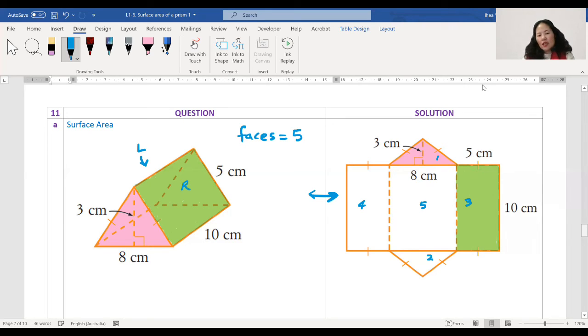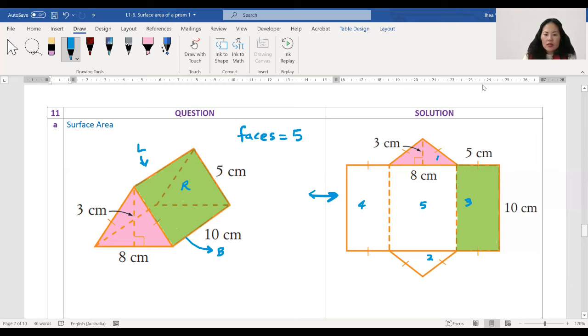Left and right rectangles are the same, but the base, the bottom one, is different. So I could say 3 different types. Two of them are the same kind because they're both rectangles, but the measurements are different. So I will say 3 different shapes here.